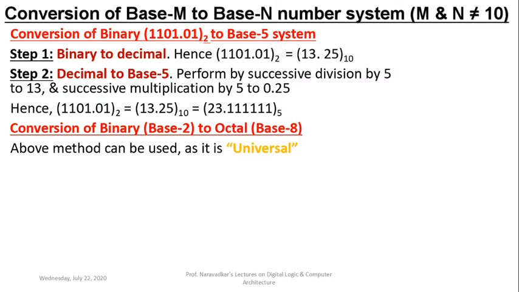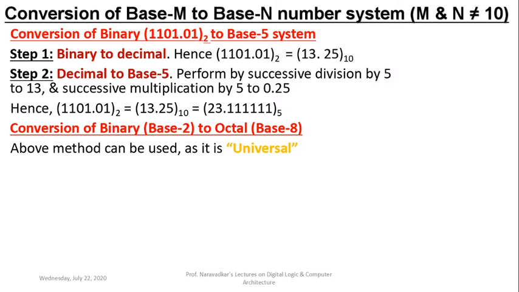It means the binary number is first converted to decimal, then that equivalent decimal is converted into base 8, that is octal. That is binary, then decimal, and then corresponding octal, because this method is applicable to any arbitrary to arbitrary base number system.